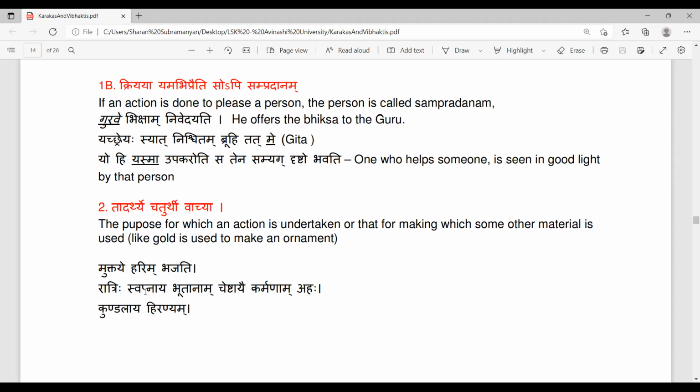So the night is meant for taking rest for the Bhutanam, and the daytime for karma. So Cheshtahi and Swapnaya are in Chaturthi Vibhakti. Swapna is in Chaturthi Vibhakti. Cheshta is in Chaturthi Vibhakti. Swapnaya is Pullinga, Cheshta is Strilinga. So Cheshtahi Agaha. Karmanam Cheshtahi Agaha. Bhutanam Swapnaya Ratrihi.